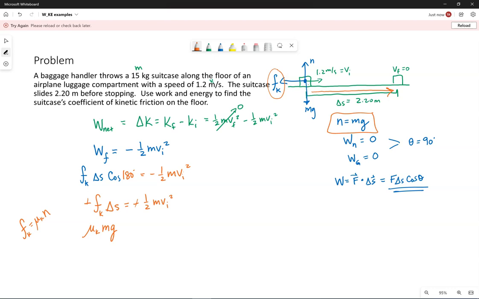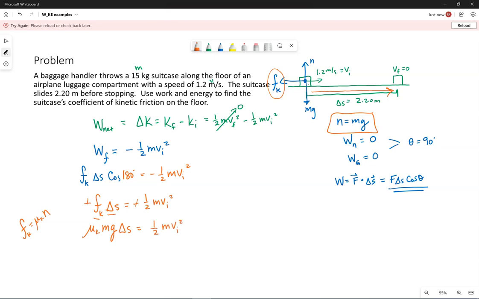The normal force needs to equal the force of gravity because the baggage is not accelerating vertically at all. So plugging that in for friction, a common mistake is to forget the delta s. We do need the force of friction multiplied by how far this suitcase slid.